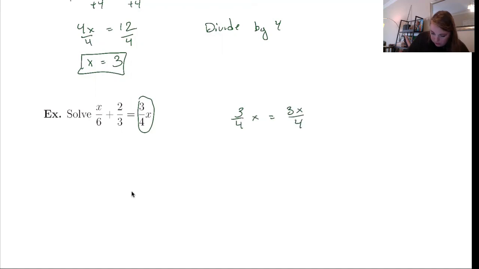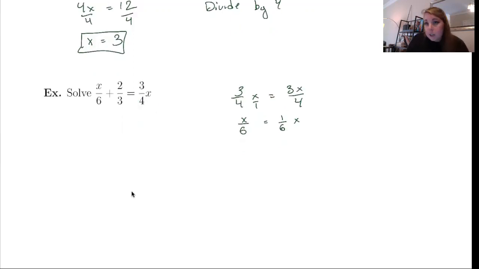Similarly, x divided by 6 I can write as 1/6 in front of the x. Similar to how we were factoring rational expressions earlier, this is like x over 1. So I'm just putting those two fractions together and pulling them apart in some cases. They're all the same.